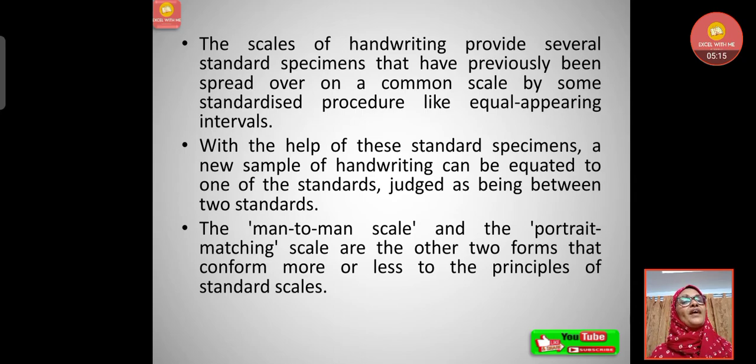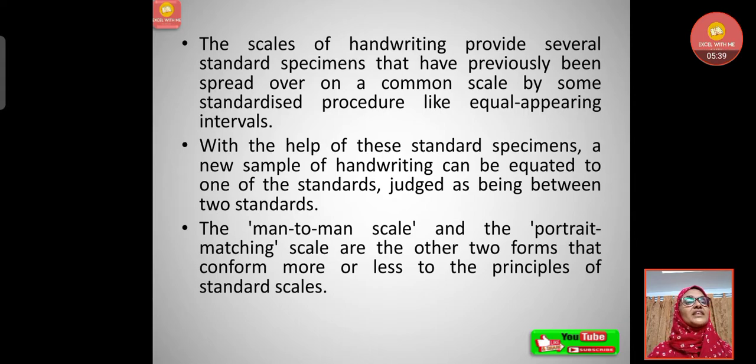The scales of handwriting provide several standard specimens that have previously been spread over a common scale by some standardized procedure like equal appearing intervals. With the help of these standard specimens, a new sample of handwriting can be equated to one of the standards or judged as being between two standards.